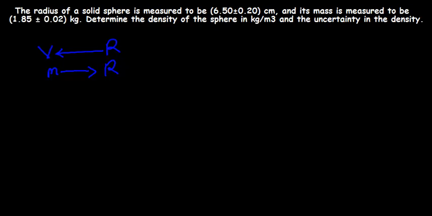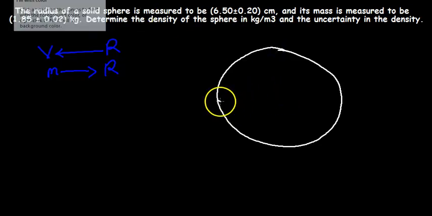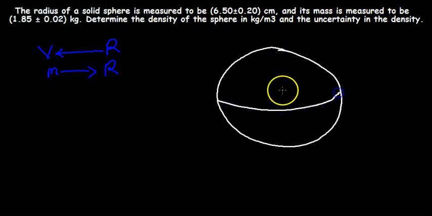To do that, let's start by having a rough sketch of the solid sphere. And let's say from the middle here downwards, we have the radius.